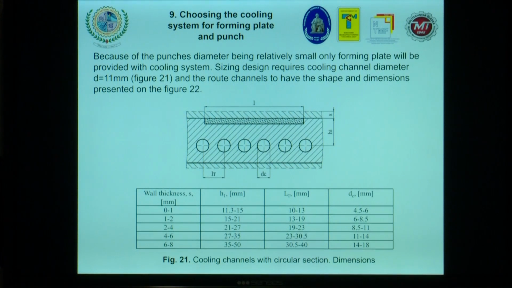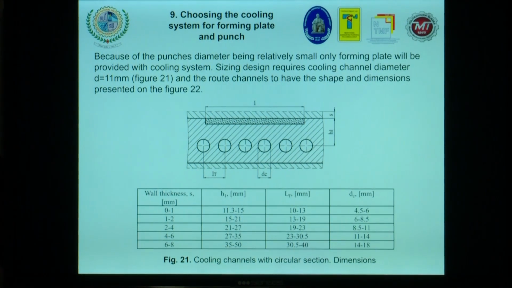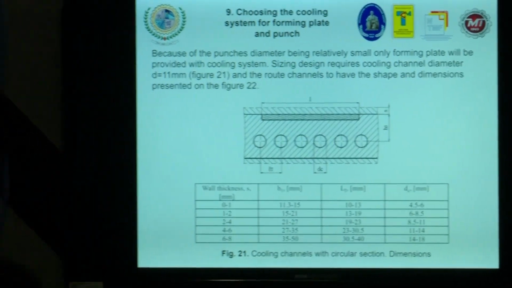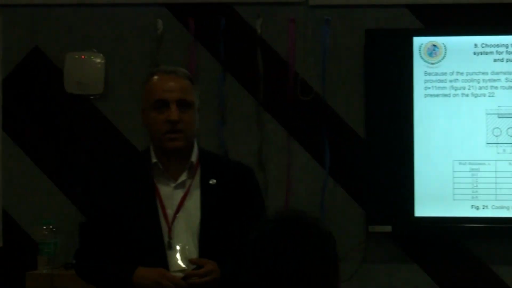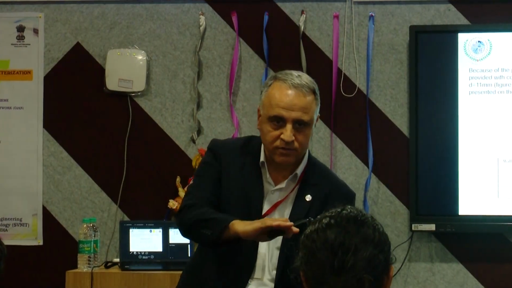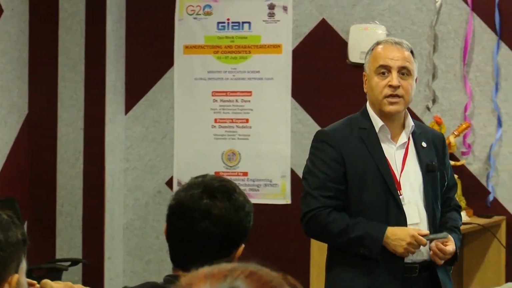Choosing the cooling system. What do you think? Is the cooling system important or not? Yes, it's very important. Nowadays, there is thermoregulator equipment, very small, a little bit bigger than a computer. And it's compulsory to check the technical literature to see which is the suitable temperature for the mold, taking into account the plastic material used.